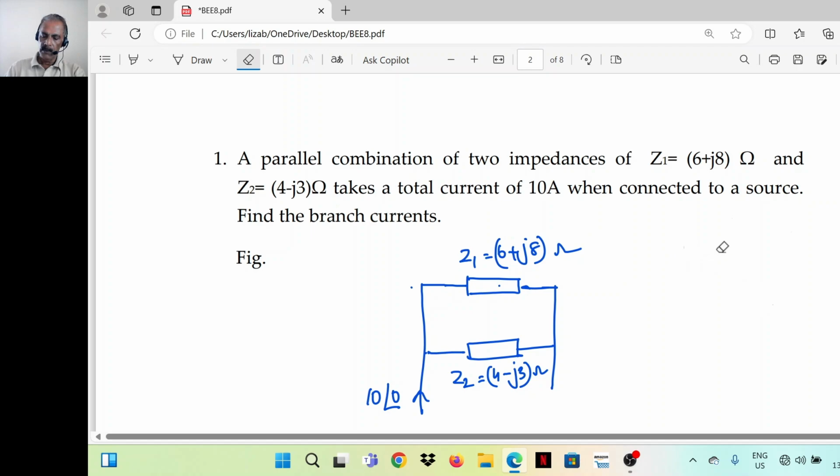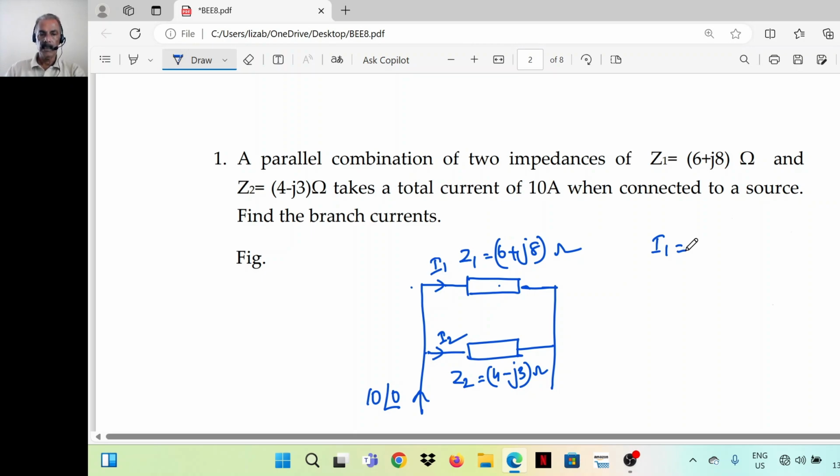So there are two impedances Z1 and Z2. Let's say the current through Z1 is I1 and the current through Z2 is I2. I1 is equal to the incoming current, which is given as 10 ampere.